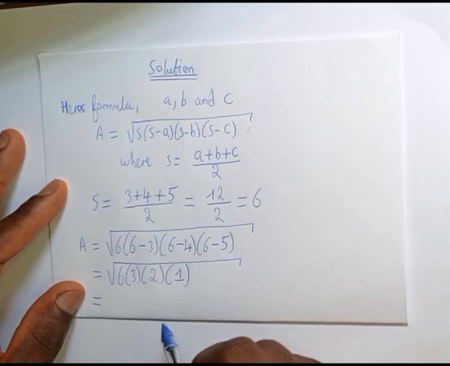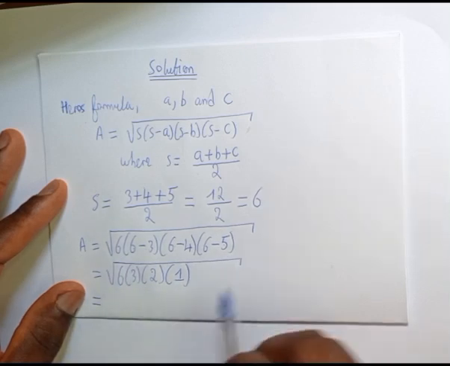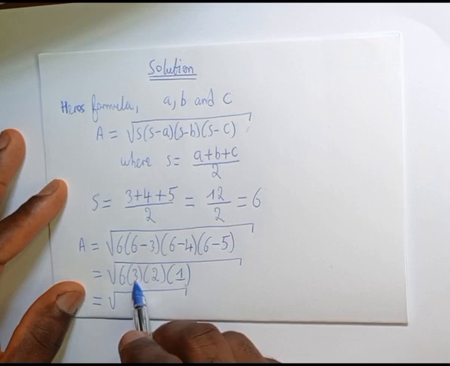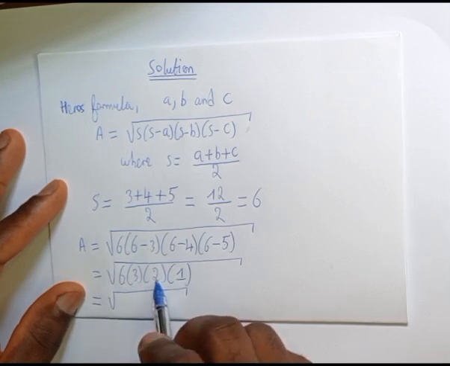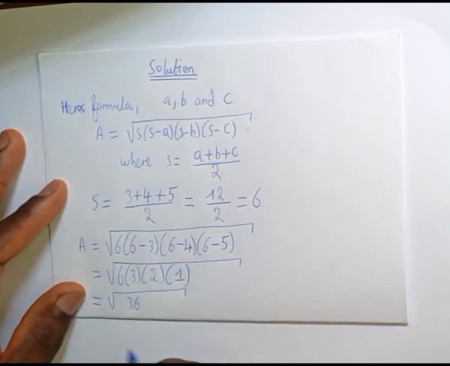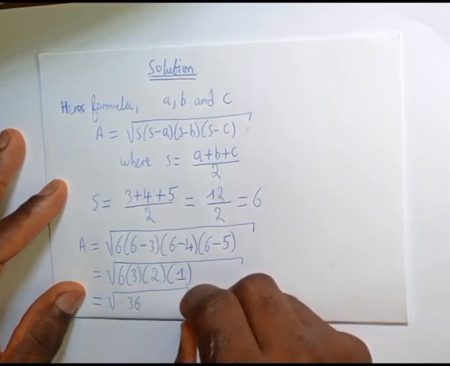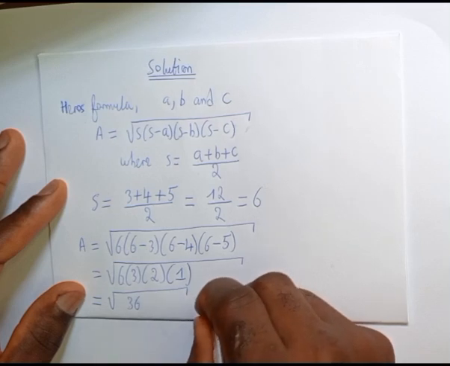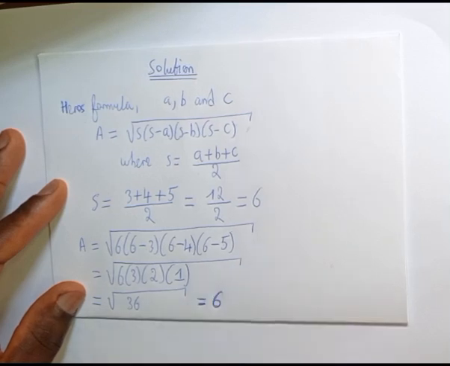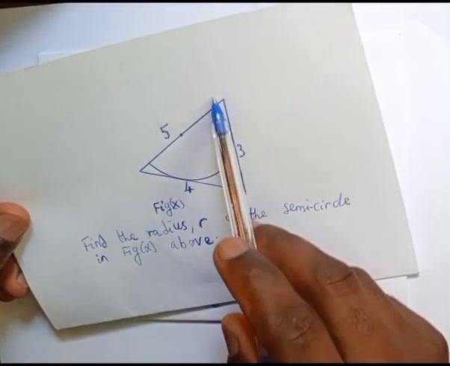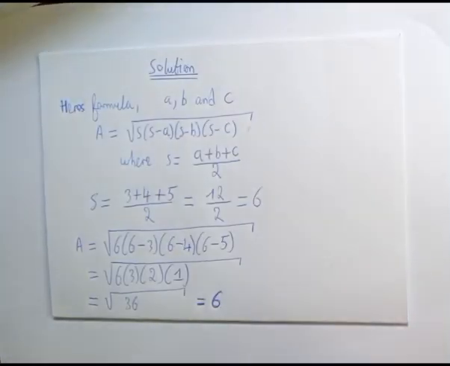This will simply be equal to the square root of 6 times 3 gives us 18, times 2 it gives us 36, times 1 it remains 36. The square root of 36 is simply equal to 6. It simply means the area of this triangle is 6 units squared.